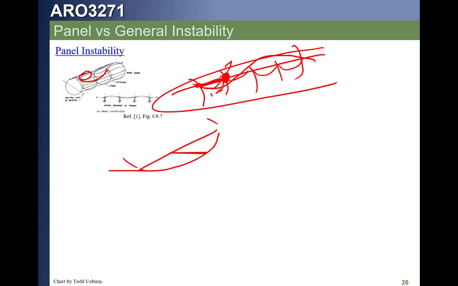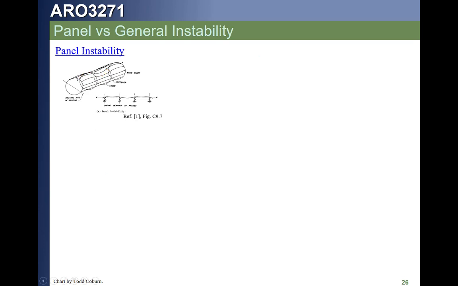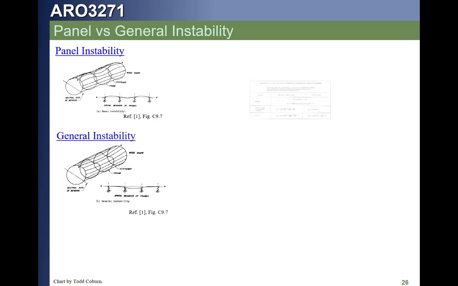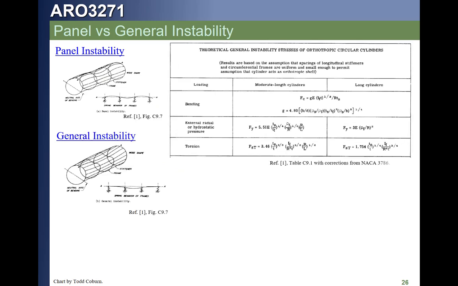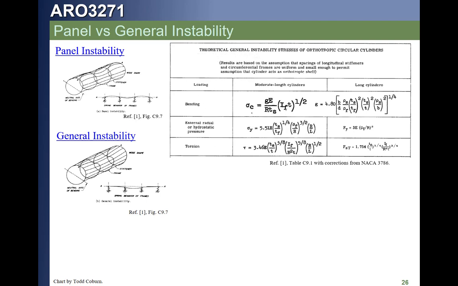That's what's called general instability, and actually Brune gives a method for evaluating that, which is shown here. So we can see in the first picture where each stiffener, each stringer is supported between the frames. In the second picture, that frame is not sufficient.